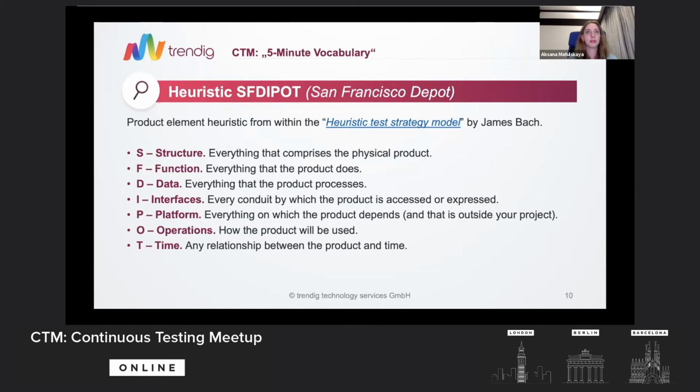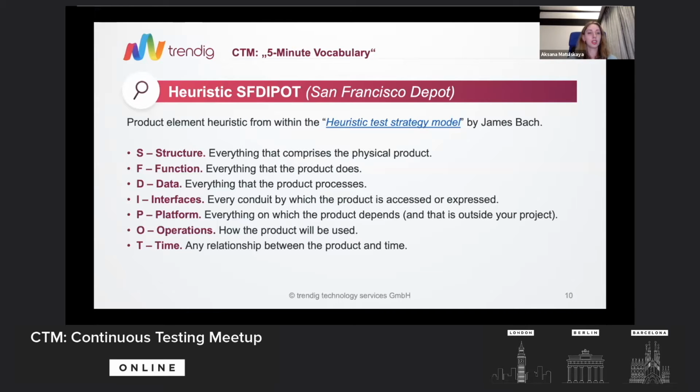P is for platform, so you test anything needed to run the application but which is not part of the application itself, like hardware, operating system, network. And the last letter, T, stands for time, so you test anything related to time, like nightly batch runs, time of execution, or annual batch runs.